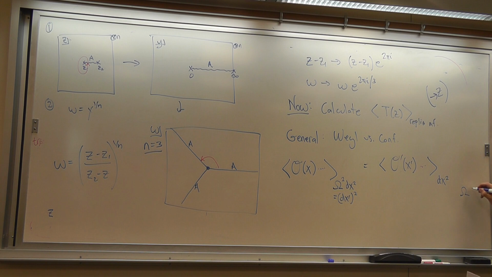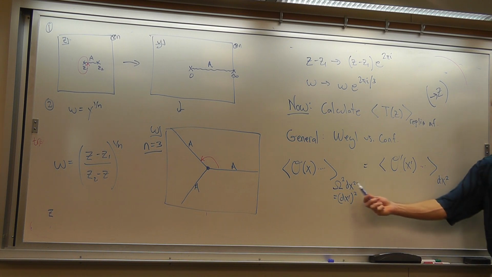This is for the case where omega is dx prime dx to the 1 over d. So we're talking about Weyl transformations, where we're changing the metric.